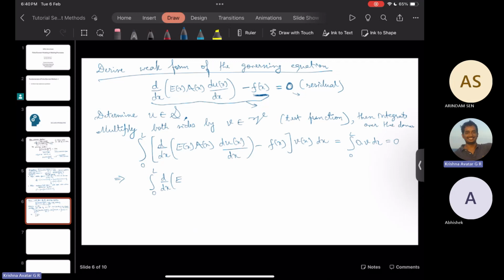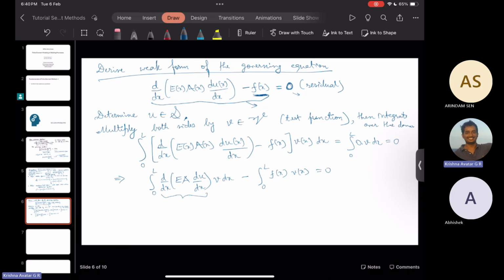So E of x, let's just call it EA, provided that we understand the meaning. Integral of EA du/dx minus f of x, v of x is equal to 0.